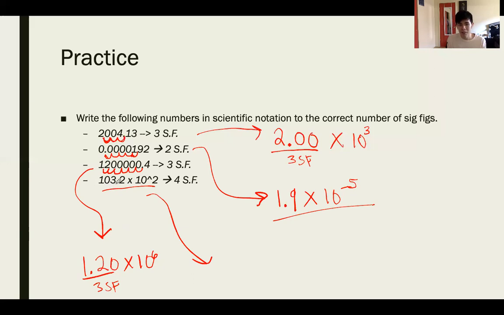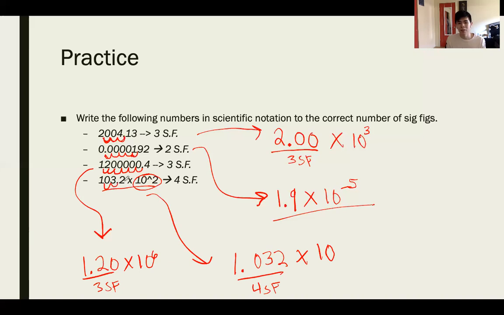So we need to move the decimal 1, 2. But we also have to account for this 10 to the second power up here. So let's write it first to 4 significant figures so we don't confuse ourselves. So 1.032. That's 4 sig figs. And then we have 10.